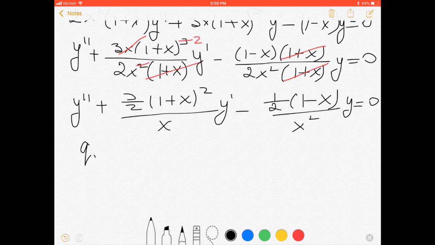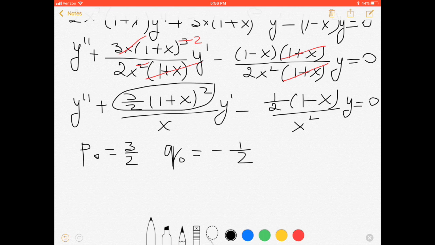This means our P0 is equal to 3/2, and our Q0 equals minus 1/2, because this one will be p(x) and here will be q(x), and it's minus.